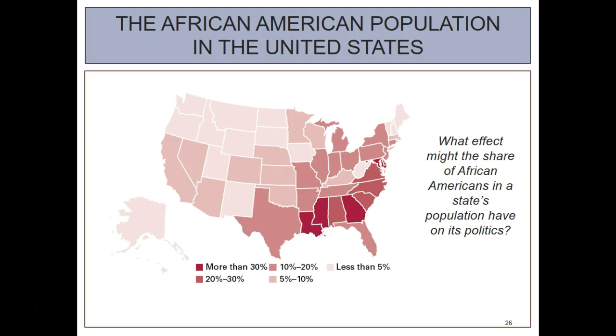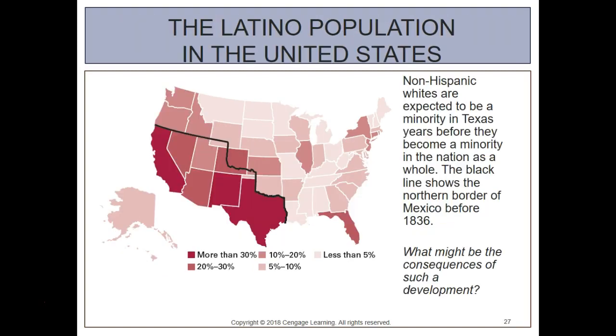And that does bring a lot of questions about, do these groups have influence over the ultimate decision in elections, or do they not? And those are some great discussion topics that we will save for a later time. The same thing with the Latino population, sort of more focused in the West, obviously geographically attached to Mexico, those regions there.